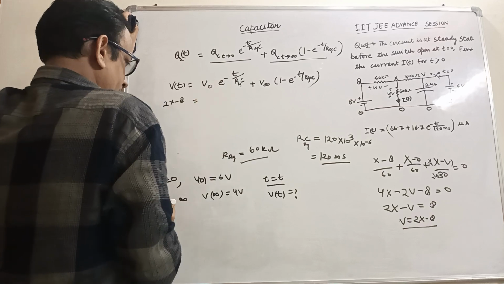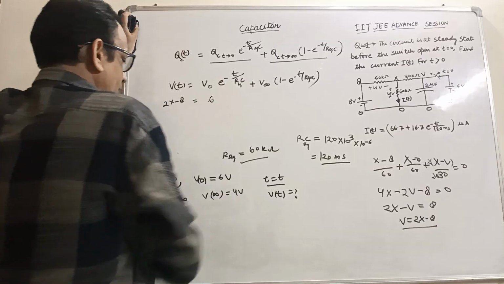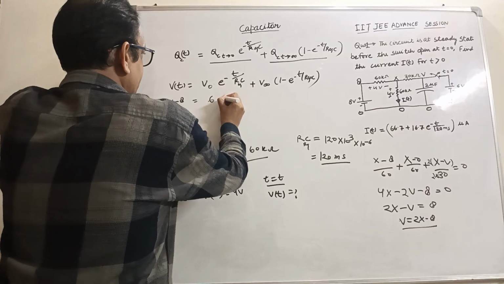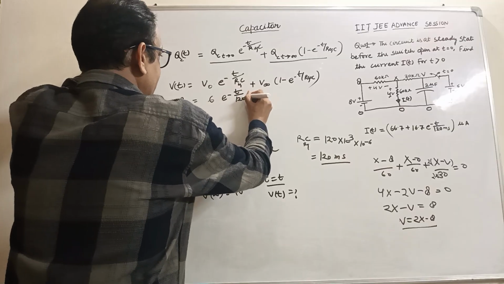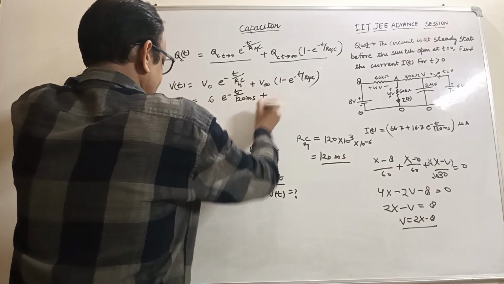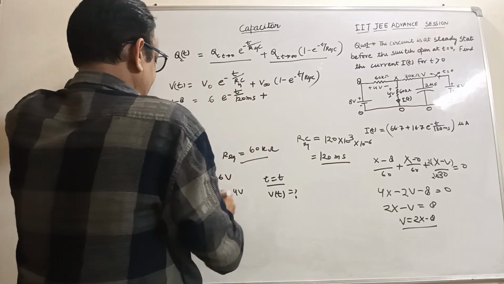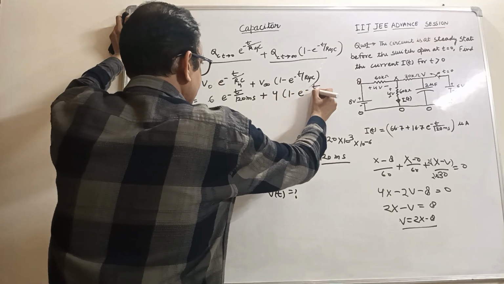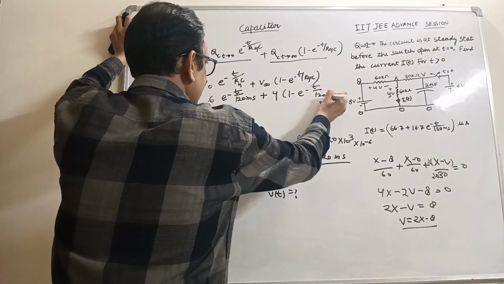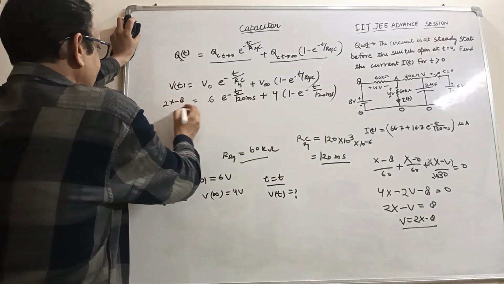At time t equal to 0, this is 6 volt and this becomes e raised to power minus t by 120 millisecond, plus this would be v infinity times 1 minus e raised to power minus t by 120 millisecond. So we have to find x here.